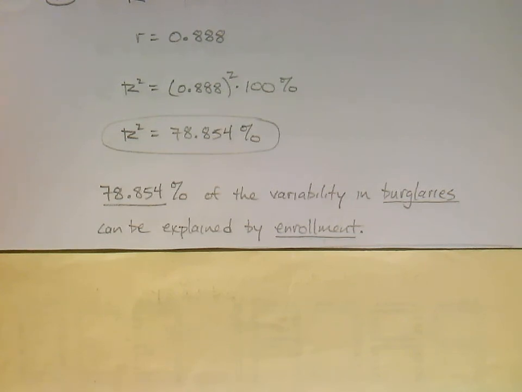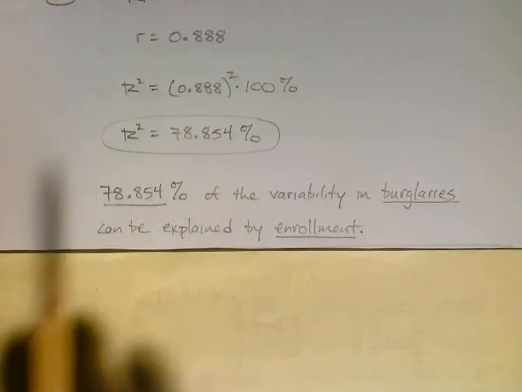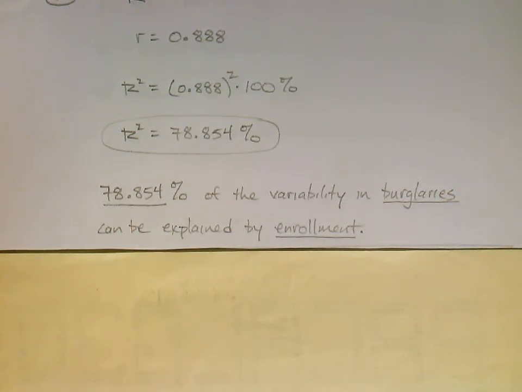Some students are going to be more prone to commit burglaries than others, or be vulnerable to burglaries, something like that. There's just lots of other factors, what are the dorms like? Are they old buildings that are easy to break into? Who knows? But I would say, just knowing enrollment, that is almost all you need, honestly. You're doing pretty well with that.